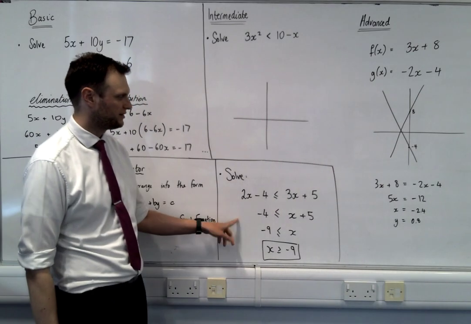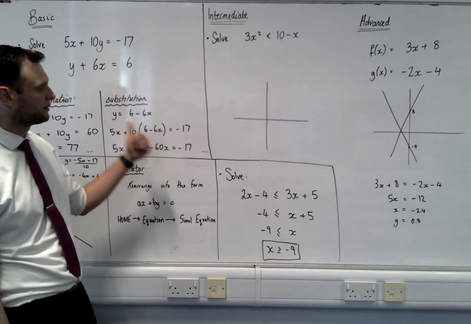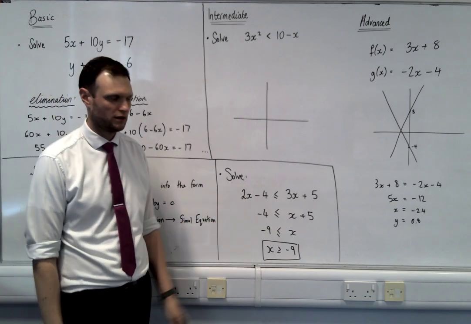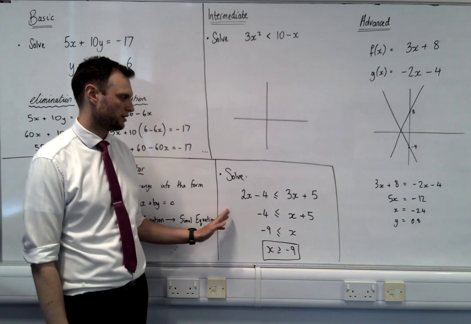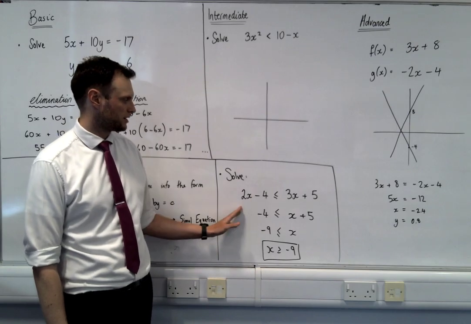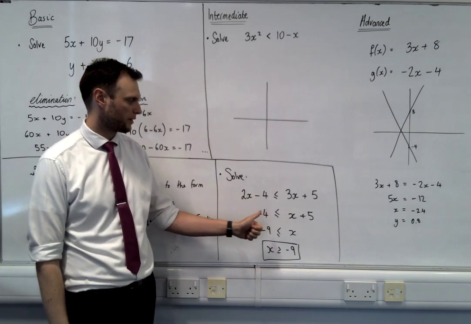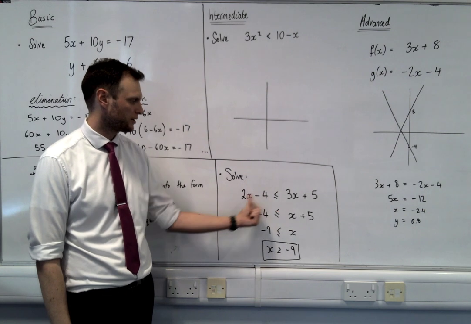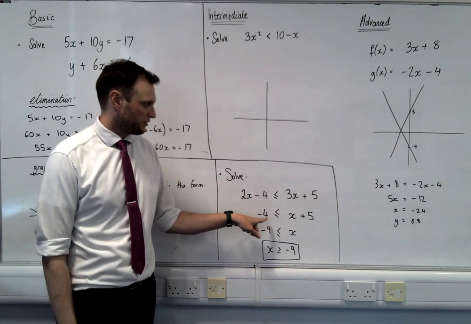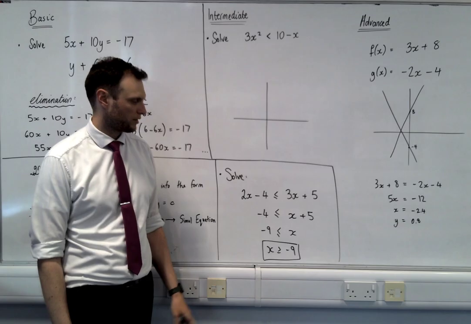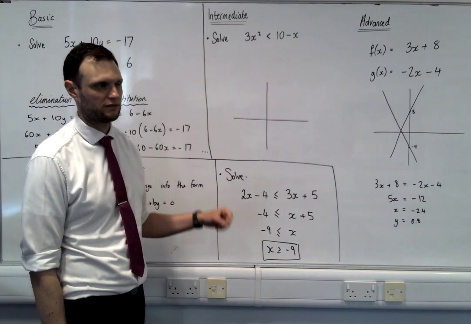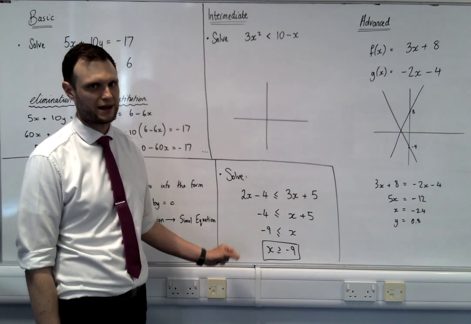Also in the basic section, I know it's not underneath basic, but it's solving linear inequalities, which should be simple enough, hopefully. If you've got a variable on both sides, take away the smaller one, take away 5. And the only thing I would point out with solving linear inequalities is when you times or divide by a negative number.